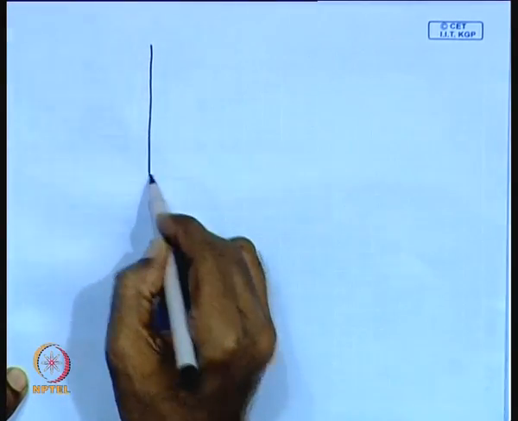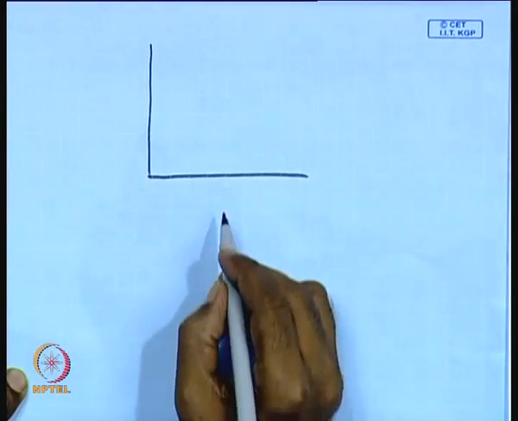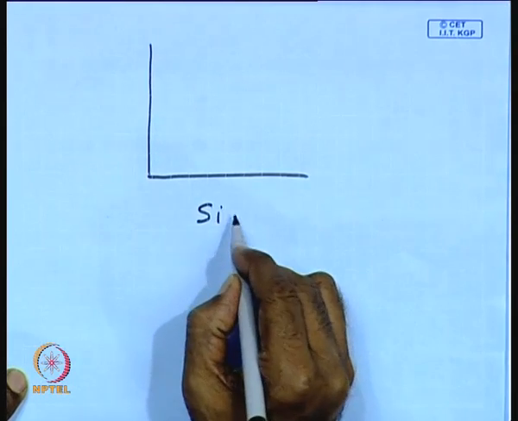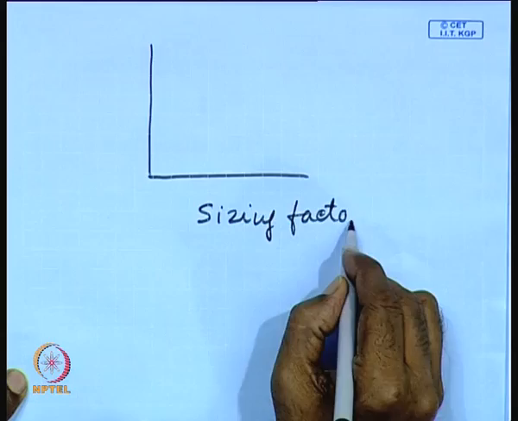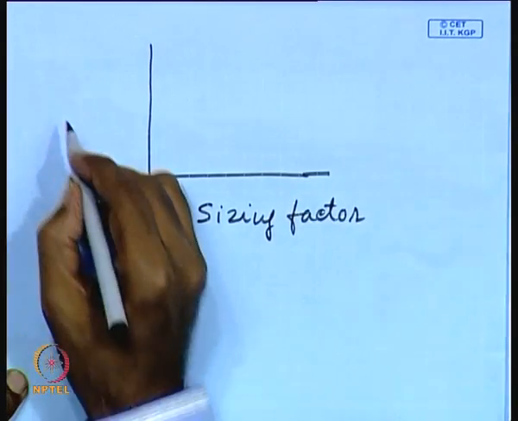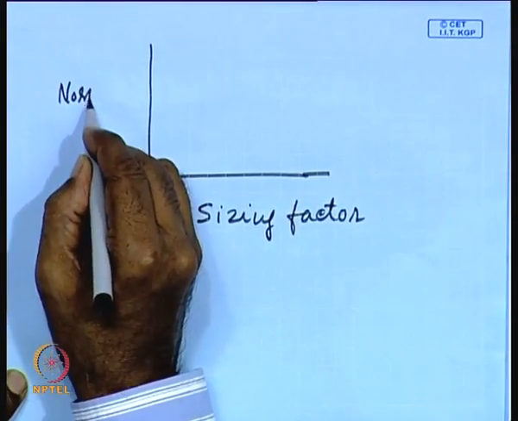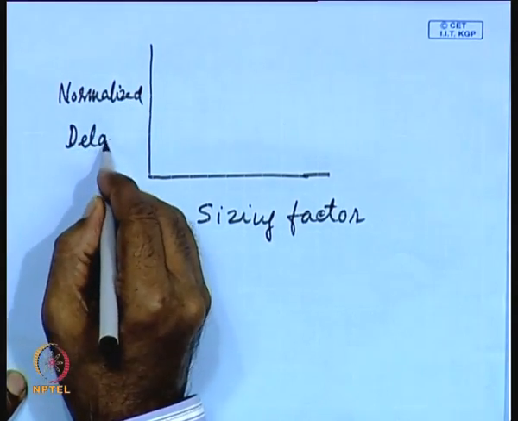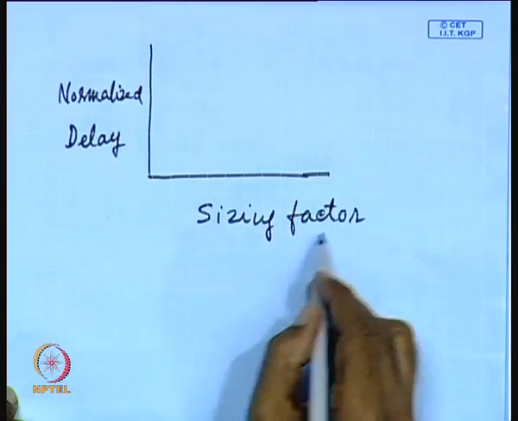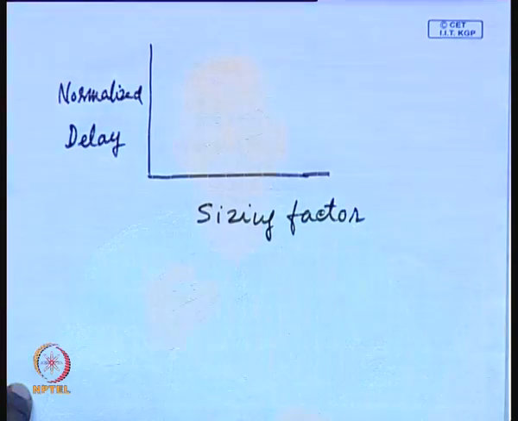One question was, this is the sizing factor and this is the normalized delay. What do you really mean by sizing?